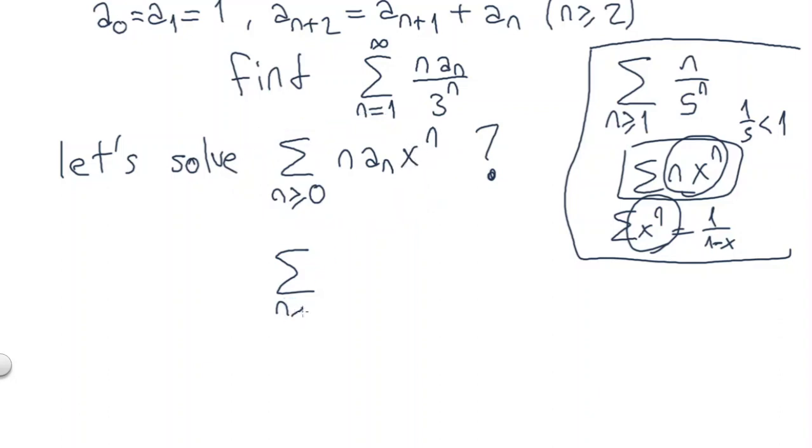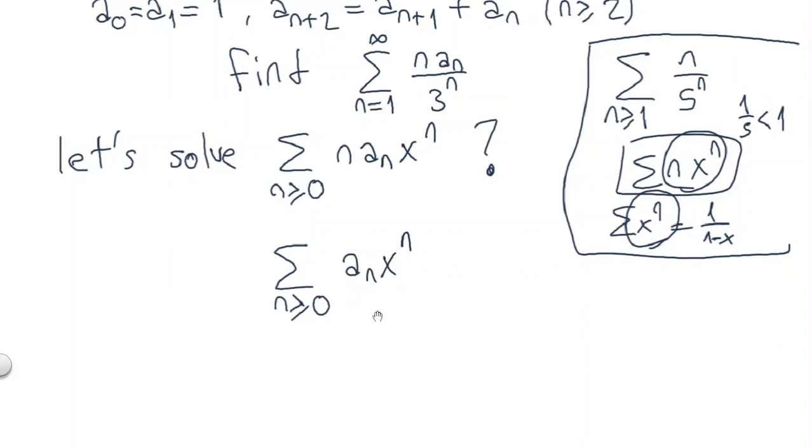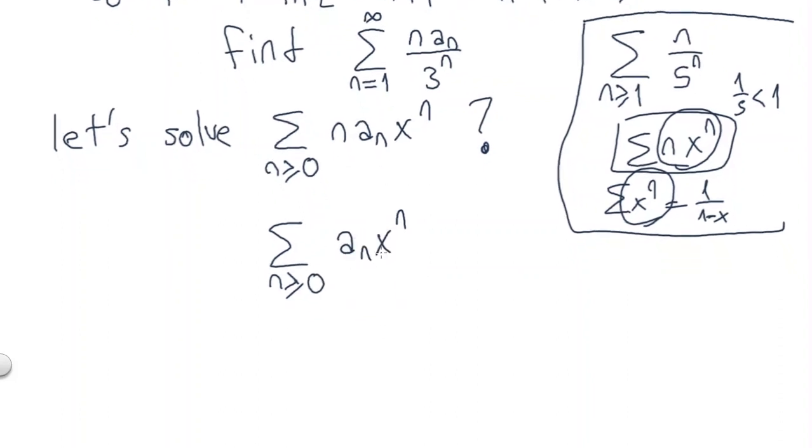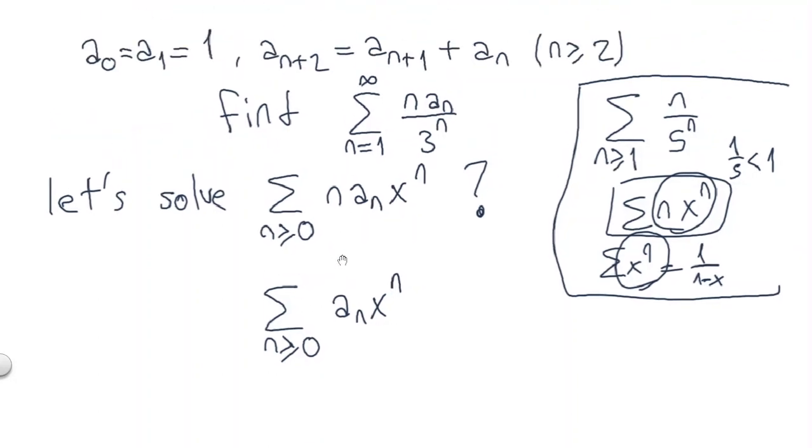But first, let's find the sum for n greater or equal than 1 of a_n x to the n. This is actually the generating function of the Fibonacci sequence, which is quite easy to do, and we will also see how to do this. Generating functions, if you haven't heard about them, are pretty useful. So we will make a demonstration now.